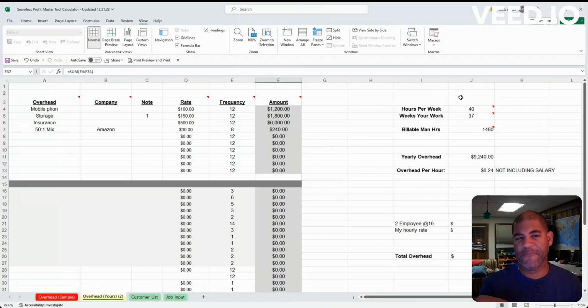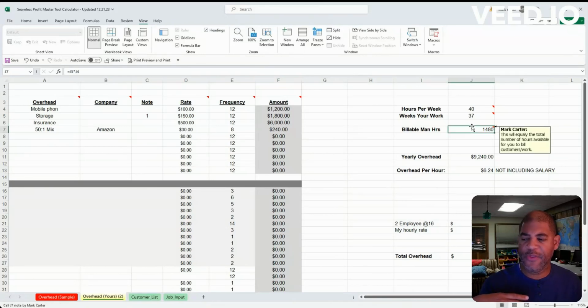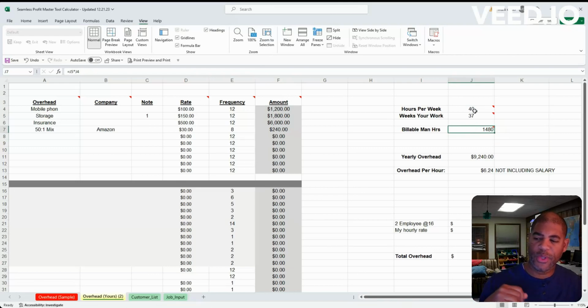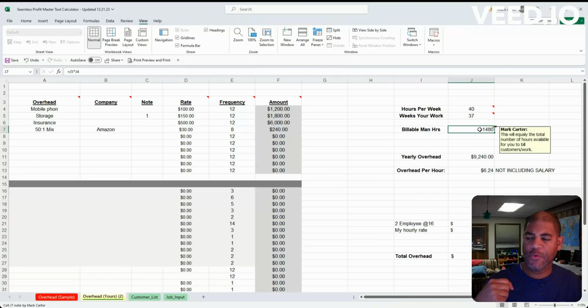We normally start about the middle of March, and we'll mow and do applications and do all of our work through about the end of October. That adds up to about 37 weeks that we actually provide service. So if you mow 37 weeks and you plan to work about 40 hours a week, that's going to give you a total number of hours of about 1,480 hours.